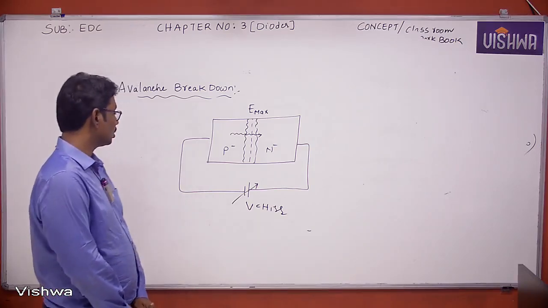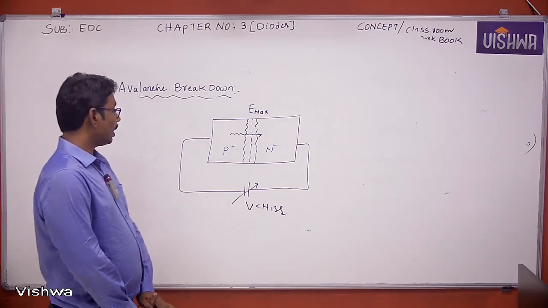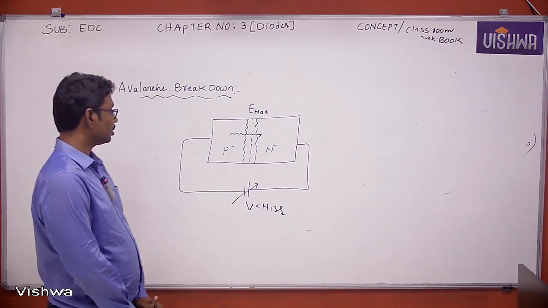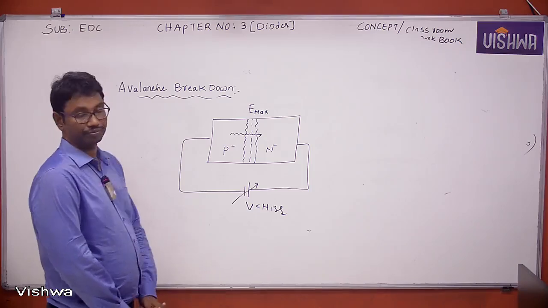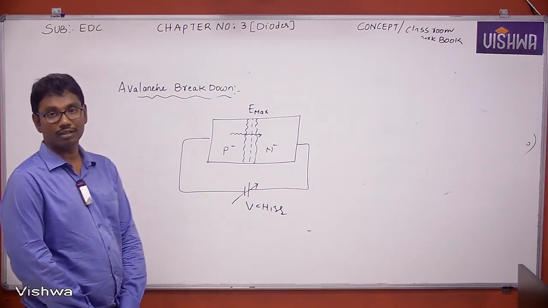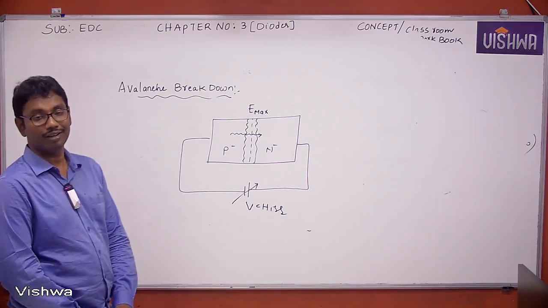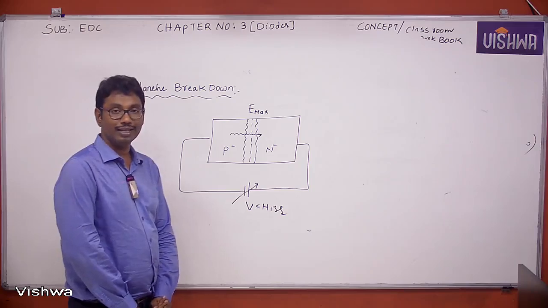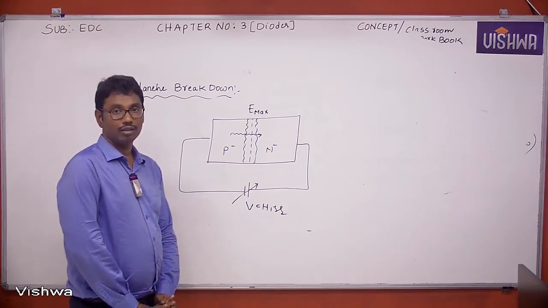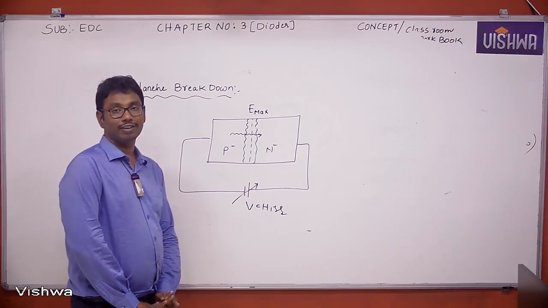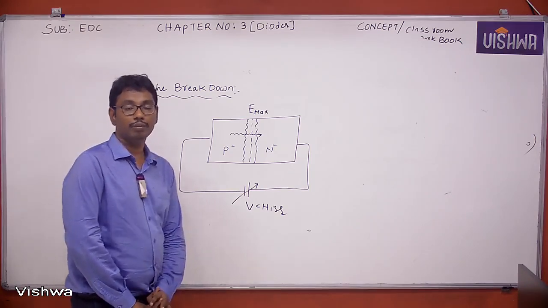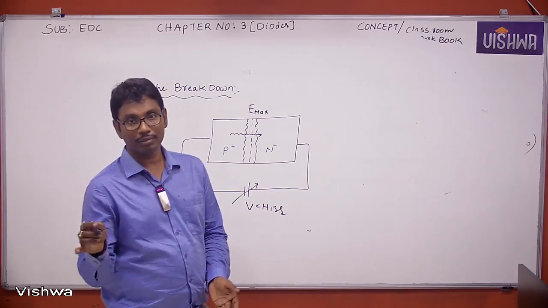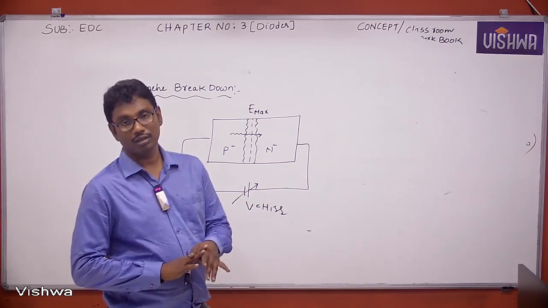For a lightly doped PN junction, the electric field is minimum. Next point, when high voltage is applied, the minimum electric field becomes maximum.